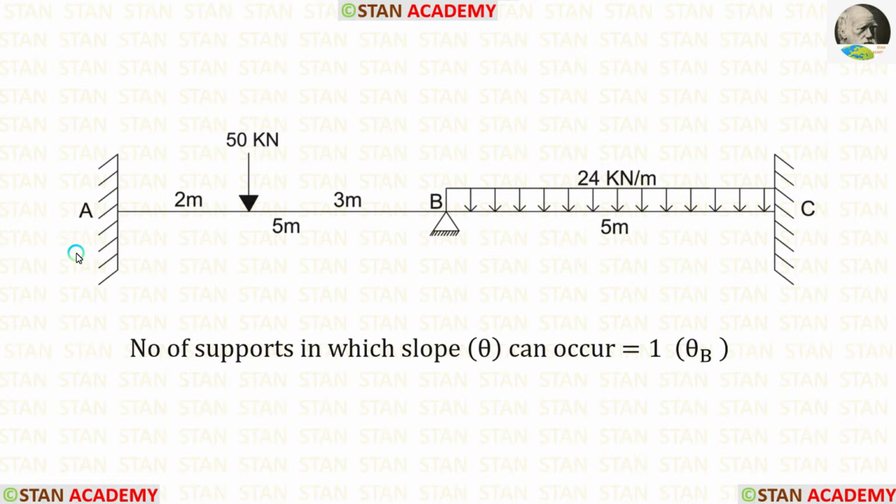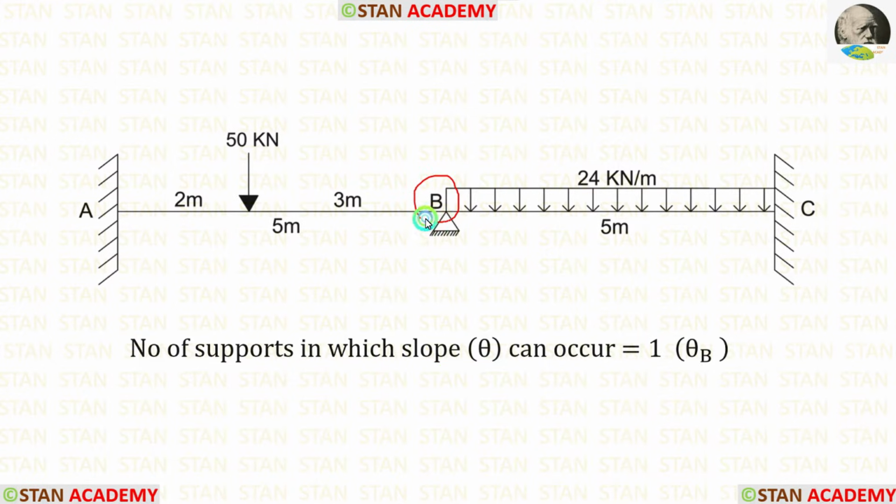In this beam, at points A and C, we have fixed supports. In the fixed supports, there will be no slope. At point B, we have a hinged support. In the hinged support, there will be slope. So, the number of supports in which slope can occur is equal to 1.